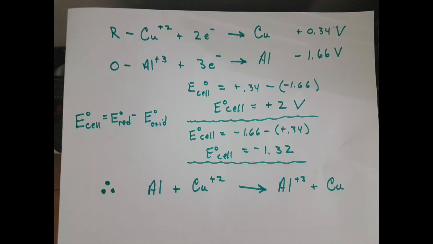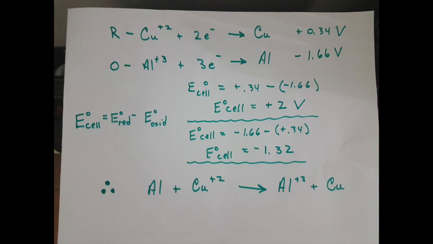And I can clearly see that when I use positive 0.34 as the reduction half cell, minus the negative 1.66 as the oxidation half cell, I get plus 2 volts as opposed to negative 1.32 volts if I do it the other way around.